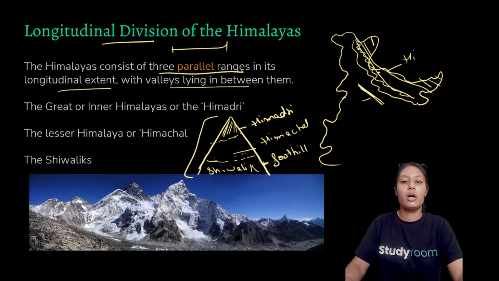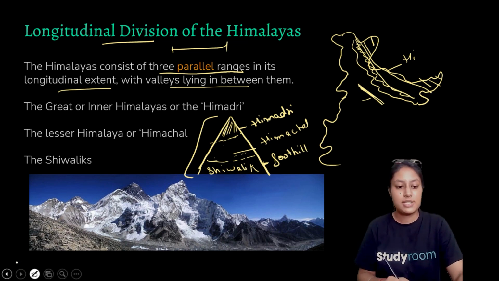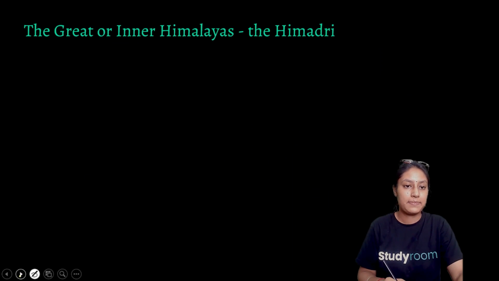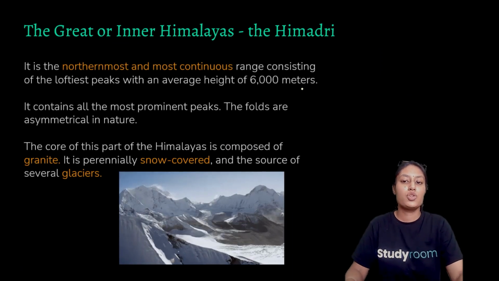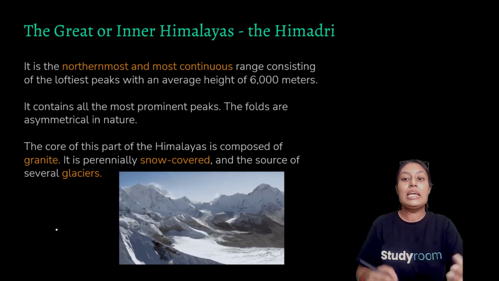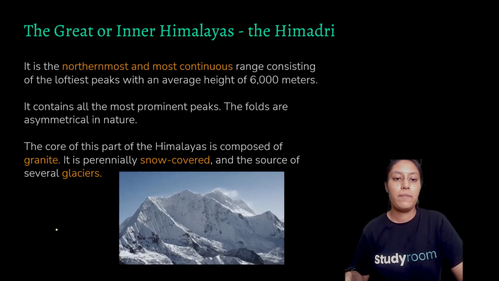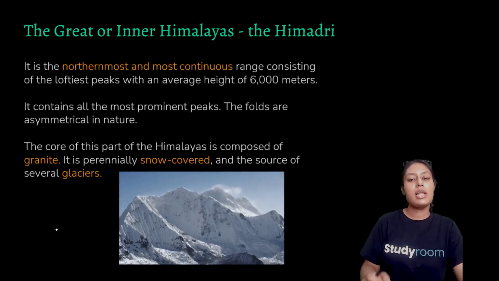The figure is also given in your books, page number 9. Now we will understand each of them in detail: Himadri, Lesser Himalayas or Himachal, and Shivalik.